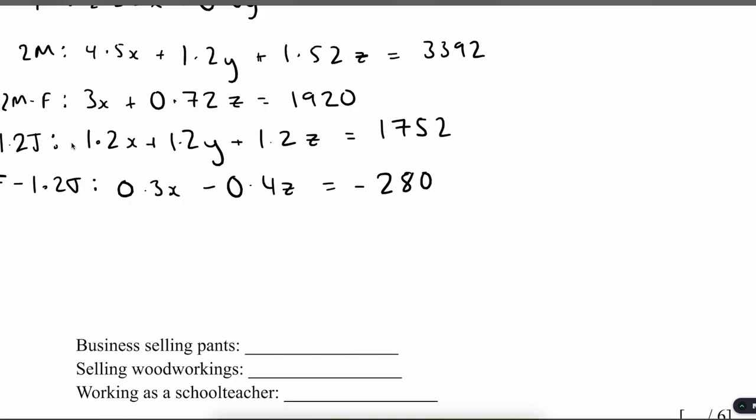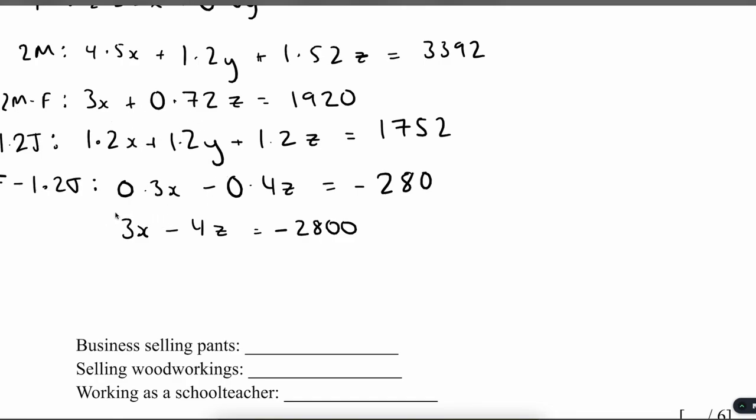Okay, so now we have two equations for x and z. Let's multiply this by 10, so we get 3x minus 4z equals minus 2,800. That's going to help us to pair it with this one here. So we've got x and z's in both of these.